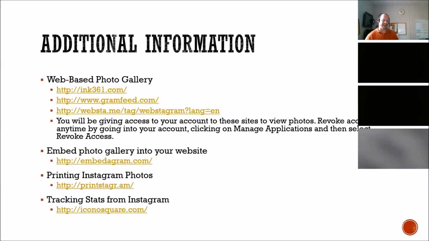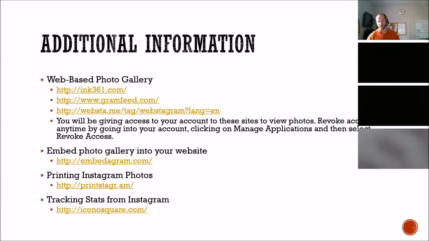And then tracking stats from Instagram. Now, it's easy to take a look at Instagram and see the comments and see the follows and see the likes that you get on photos. But this tracking website, iconosquare.com, will break down in a lot more detail just follows, likes, and comments. It gives you the number of views, how popular a picture is, and how well a picture is performing compared to some other pictures.